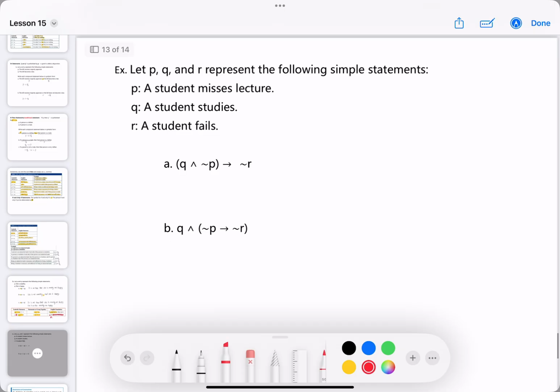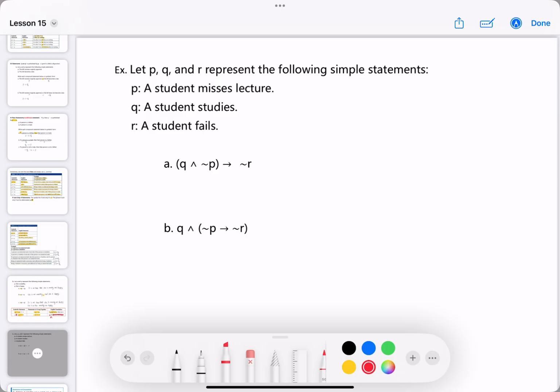Okay. In this example, we have three statements. We want to translate a symbolic statement into an English statement. P is a student misses lecture.